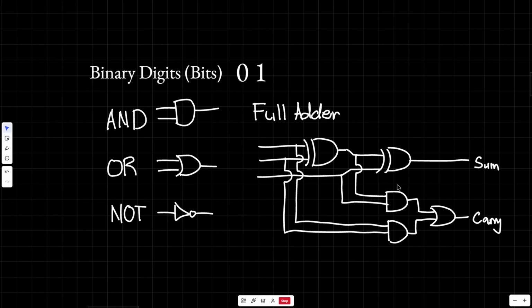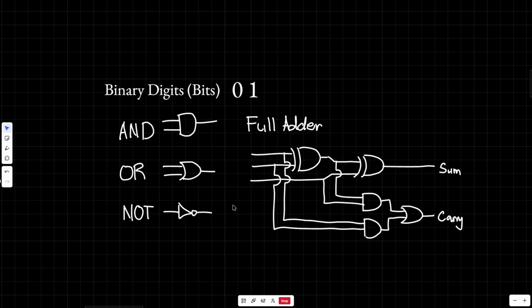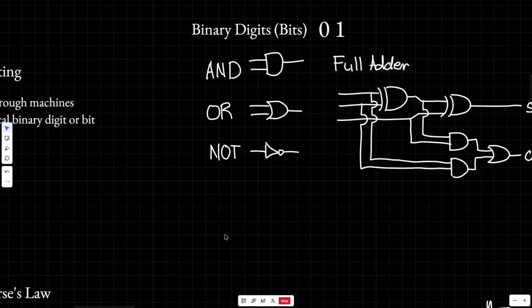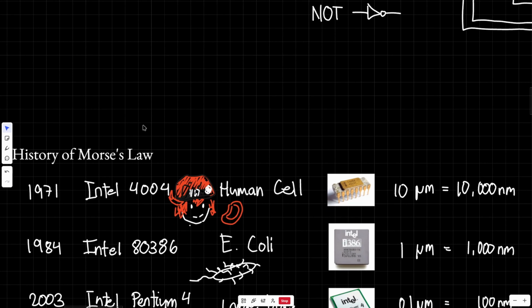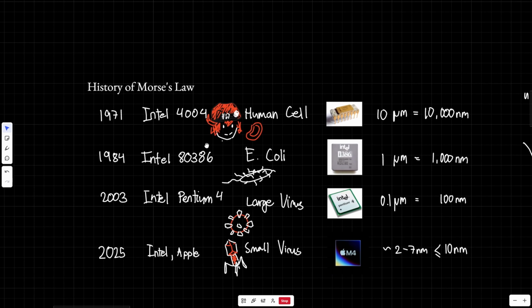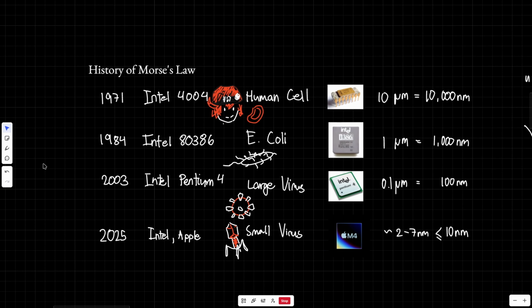Now, these circuits are really very small. Let's take a quick history of the development of these circuits. We have a timeline right here that showcases it. Starting in 1971, we have the Intel 4004.